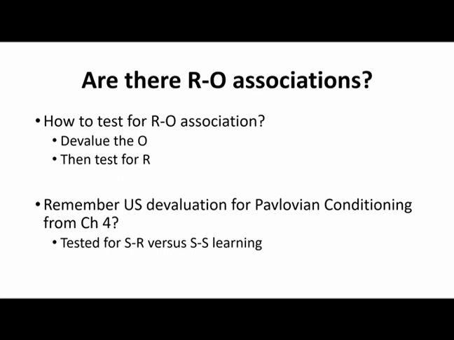So if we devalue our outcome, our O, then we can test for the presence of that R. Does responding decrease when we devalue the outcome? So back in Chapter 4, we tested specifically for SR versus SS learning, and we could see a dropping in responding if we devalued some outcomes in some situations.